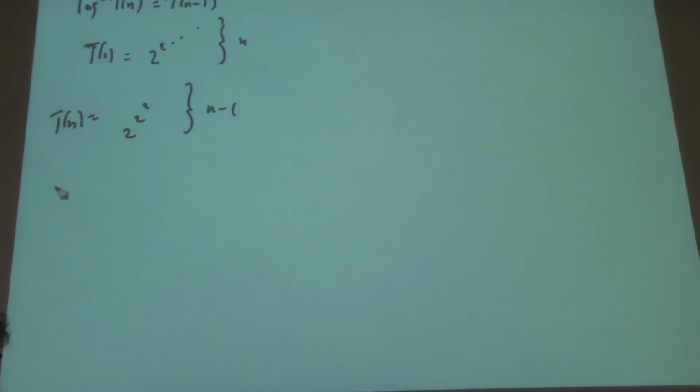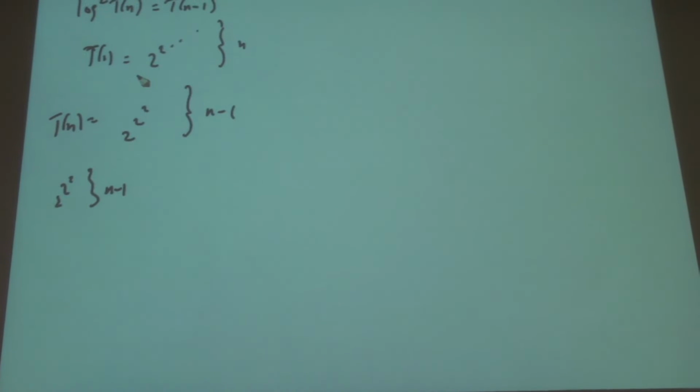And log t of n would be 2 to the 2 to the 2 up to n minus 1. And then we'd be squaring it. So clearly, t of n is not somehow big enough.